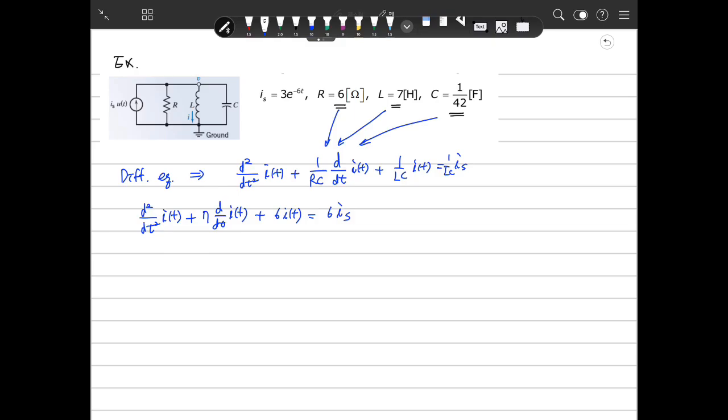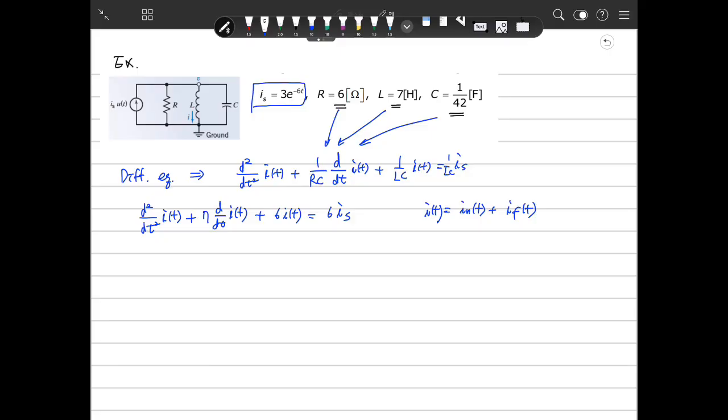So our final target is to get the complete solution i(t), the same as IN(t) plus IF(t). Here the IS is an exponential term like that.